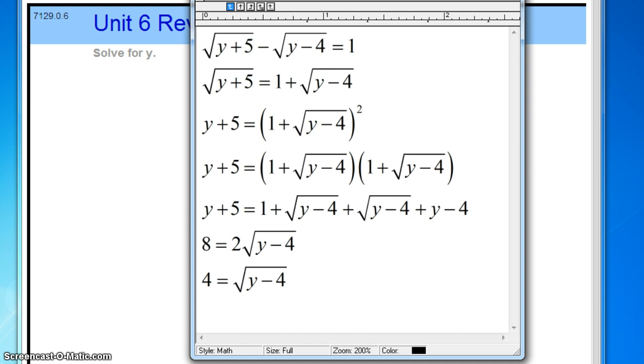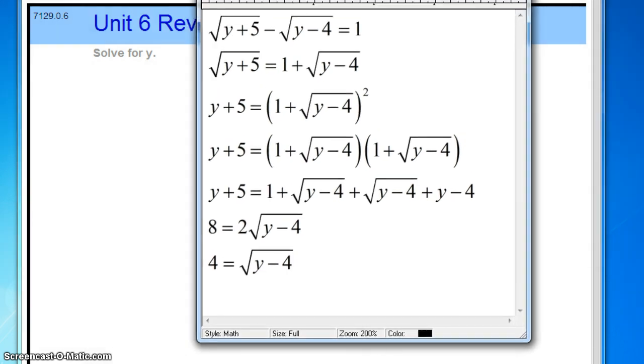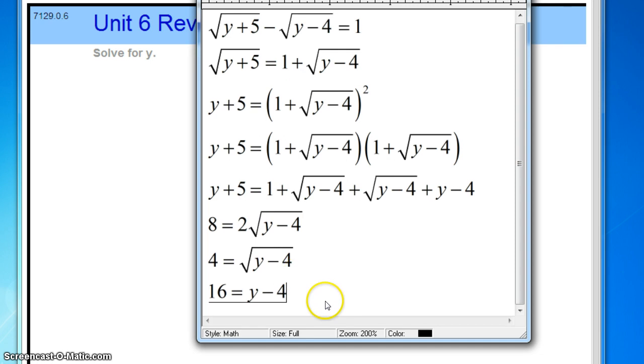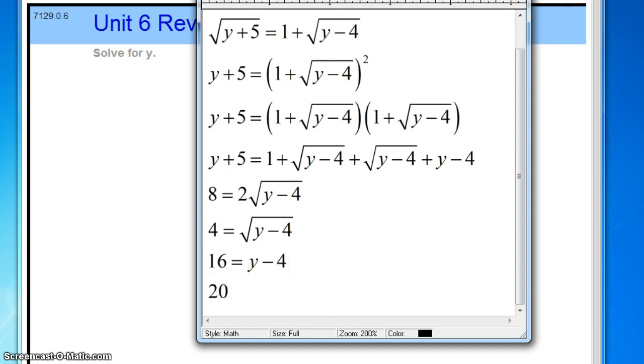And then we're at a point where this looks a lot more like something you should know. This is something pretty easy. So let's square both sides. 16 equals y minus 4, right? The square root goes away when you square it. And now let's add 4 to both sides. 20 equals y. And that should be our answer.